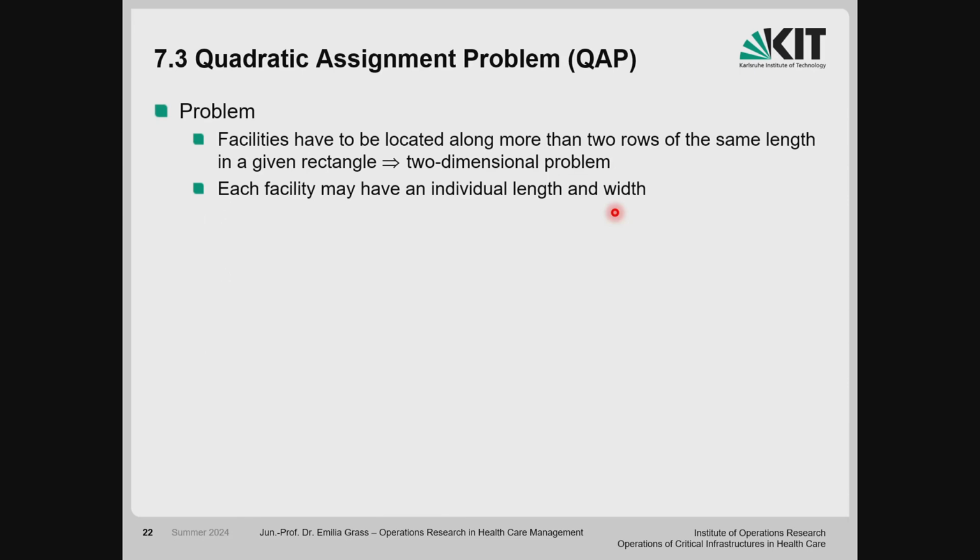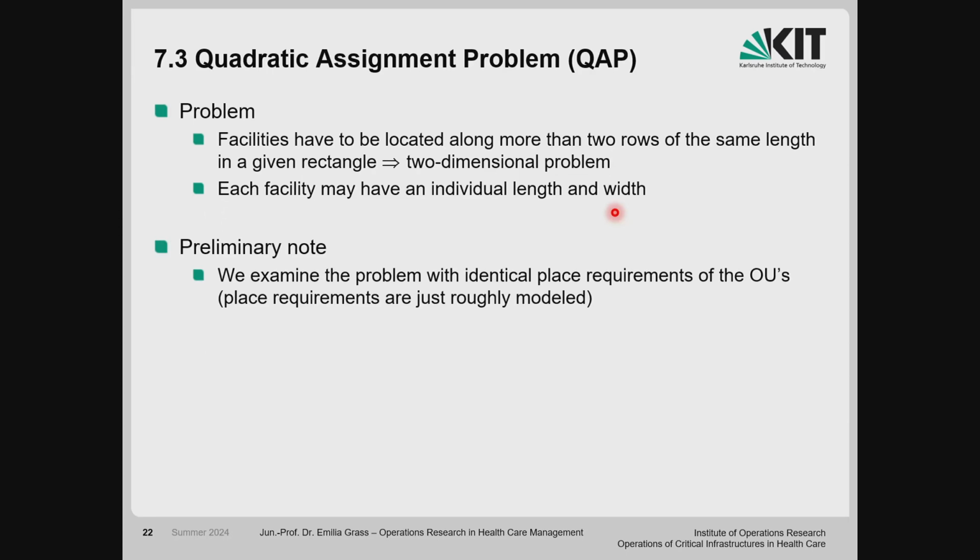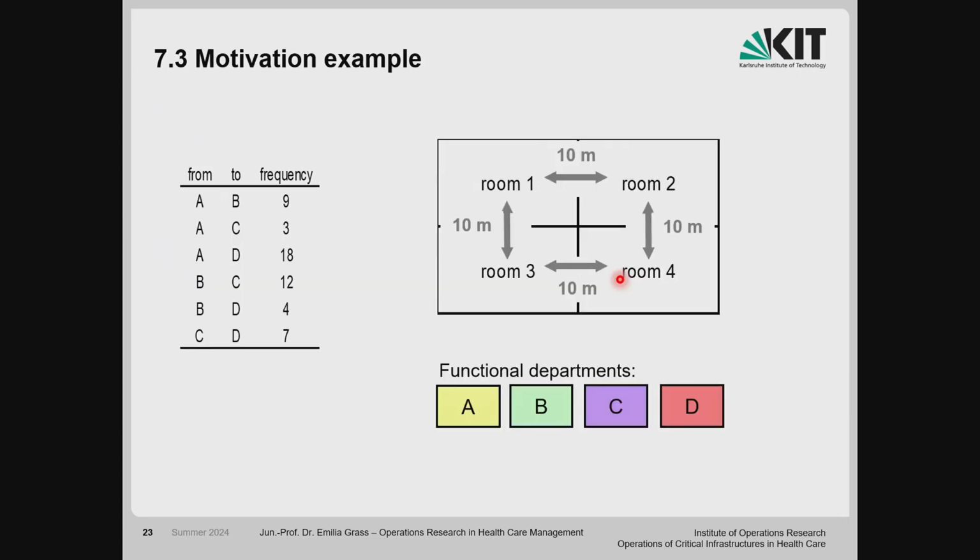Every department requires some space, but here we assume the same space. So every unit has an identical space requirement, and they are roughly modeled. And that could look like this.